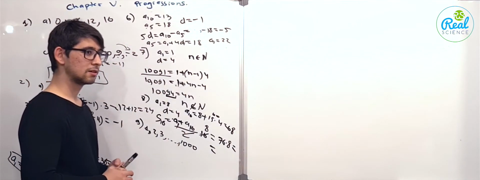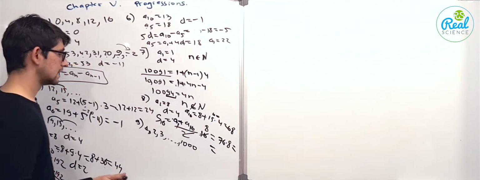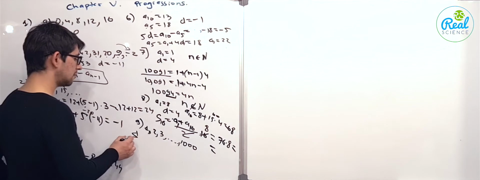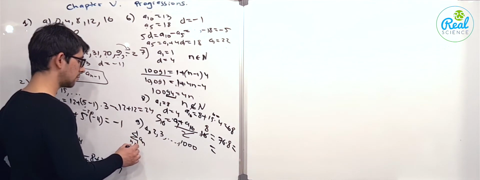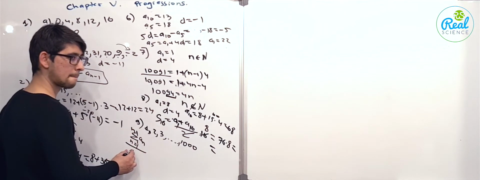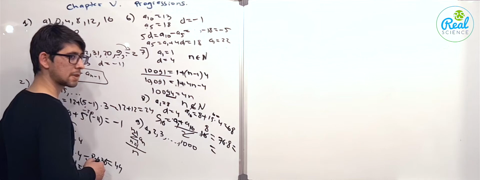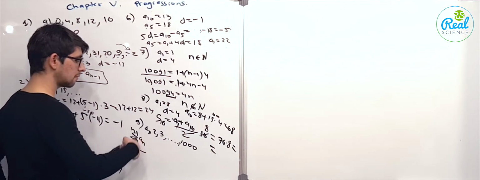So sum of all the terms, all of the numbers starting from first one till n, divided by the number n. So if you have 1,000 terms, you have to divide by 1,000.